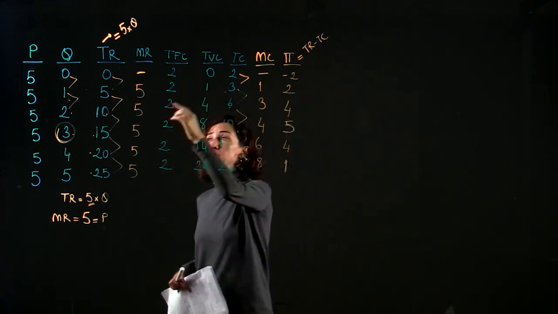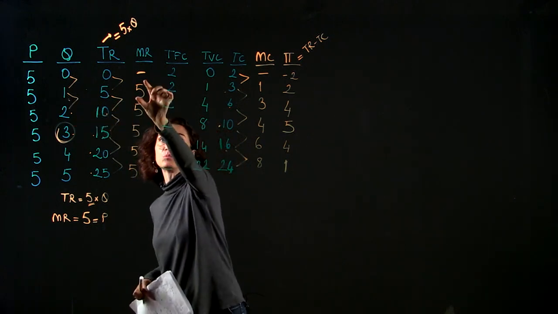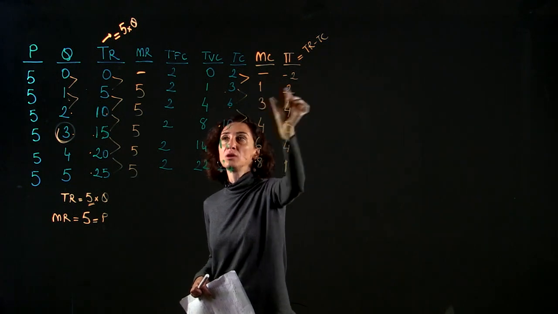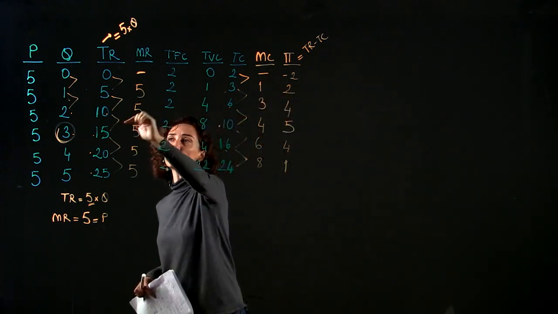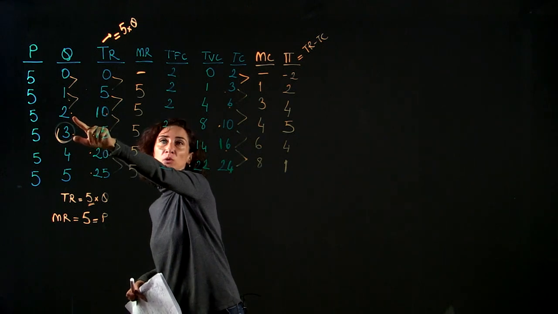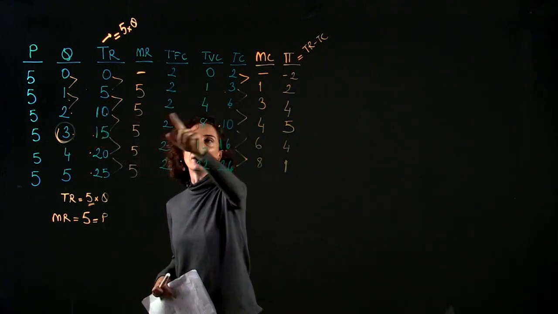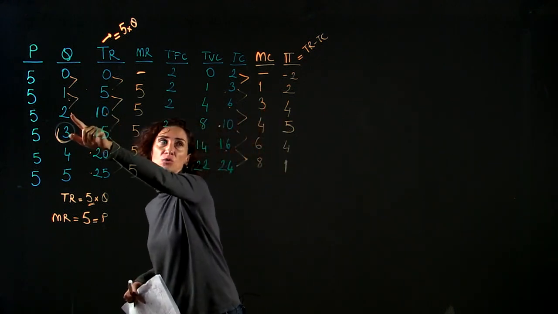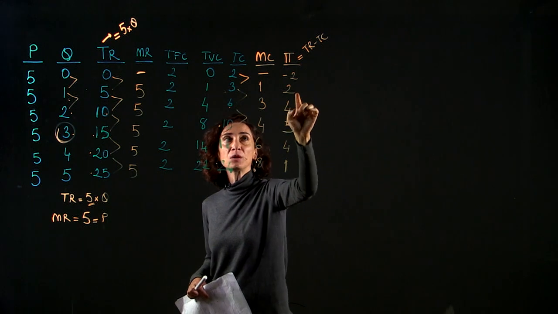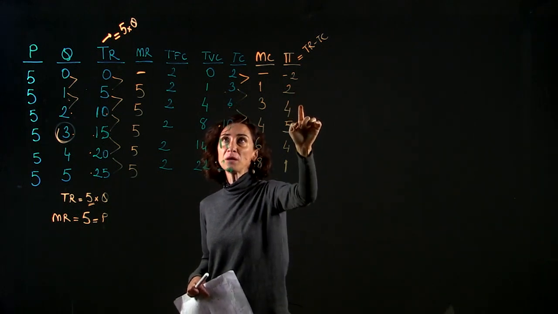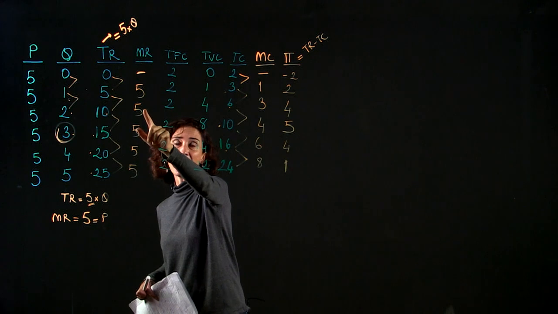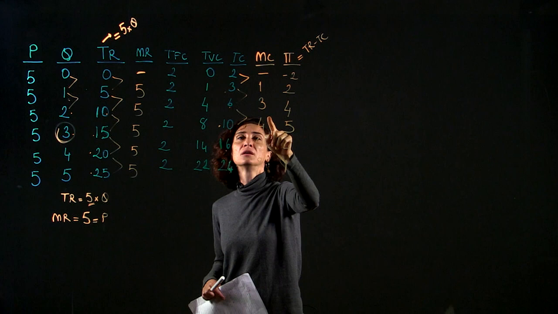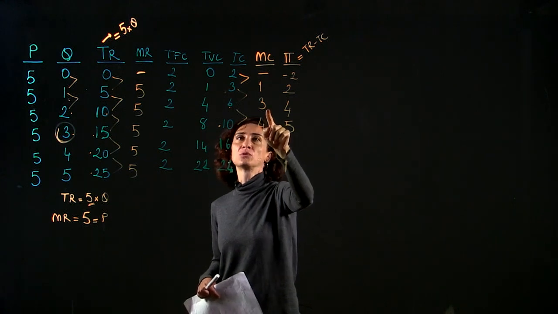Why? Producing this adds more to my revenue than to my cost. Producing the second, let's look at the quantity 2. Marginal revenue, 5, is more than 3. So producing the second output increases my profit because producing this adds more to my total revenue than to my total cost, right?